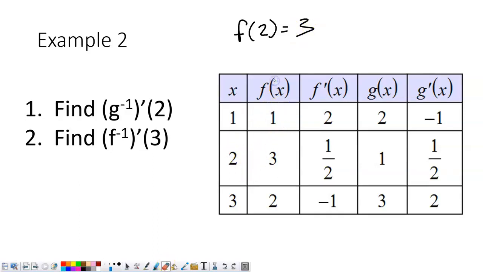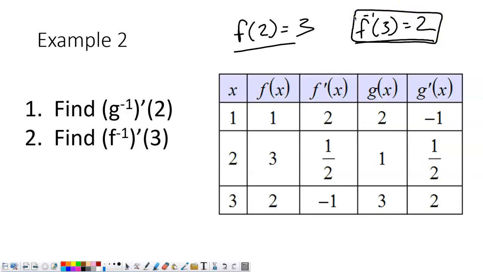Now, what is f inverse of 3? So if I gave you guys this, well, I just gave you the answer, darn it. But what is f inverse of 3? Well, it would have to be 2, right? Because these are switched.